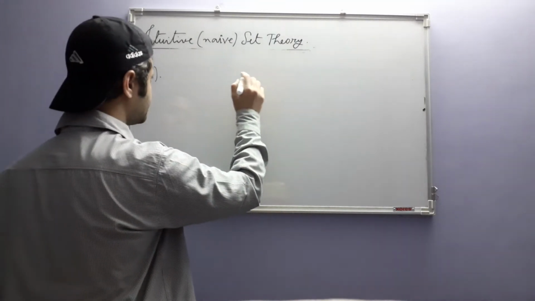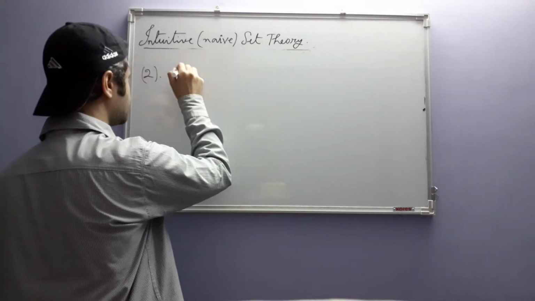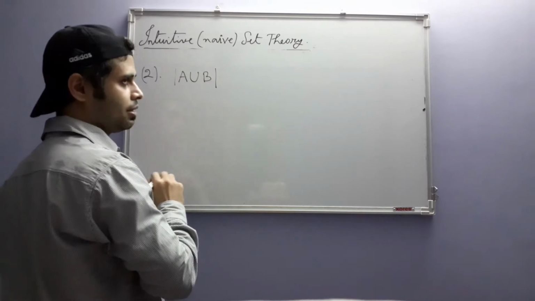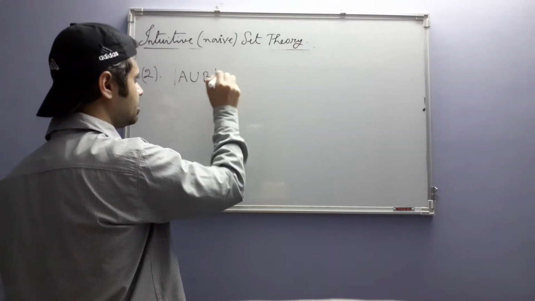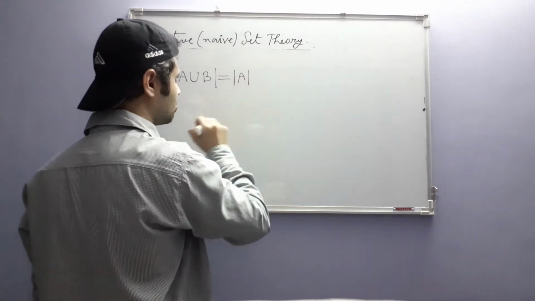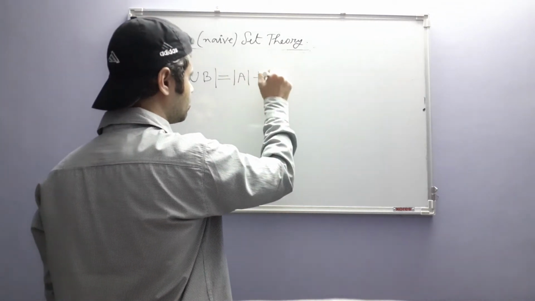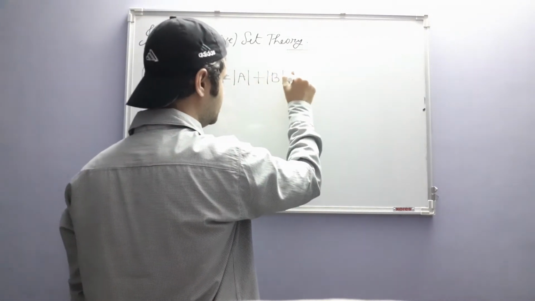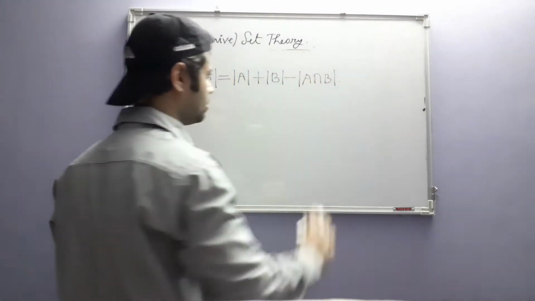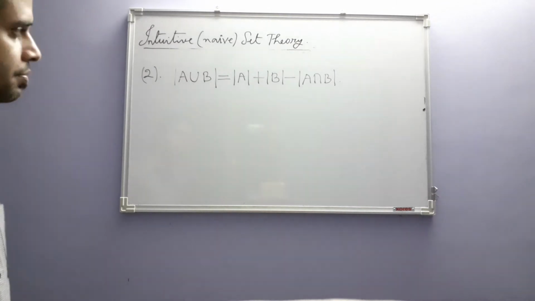So the idea is like this. What the result says: if we have two finite sets A and B, then the number of elements in their union is equal to the number of elements in A plus the number of elements in B minus the number of elements in A intersection B.